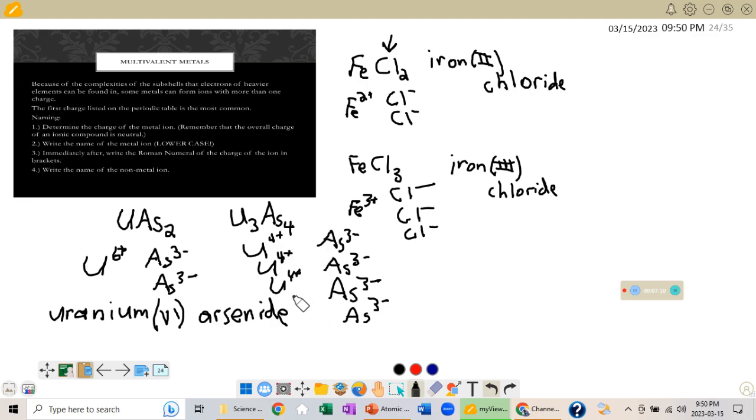I have 3 of those, and 4 of the arsenides. Yep, that works. This thing I would name, so let's just make sure I'm not confusing the two, as uranium, Roman numeral 4, arsenide.